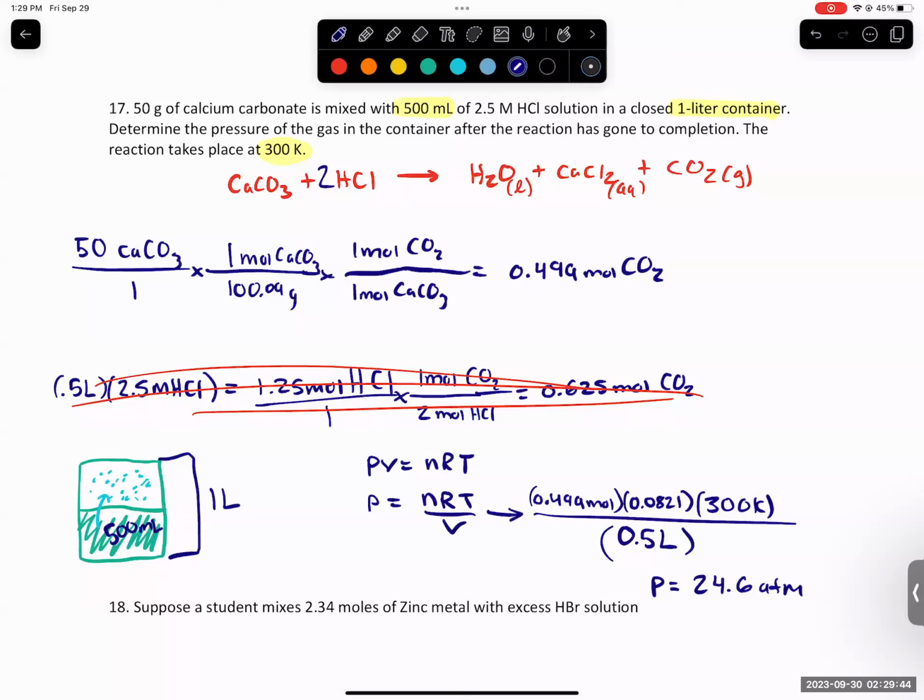So make it a point whenever you do these problems, and you have a reaction with more than 1 reactant: am I given the information of both? Does it say that one of them is in excess? Be on the lookout for those things when you're practicing.